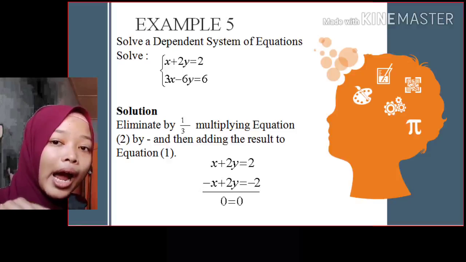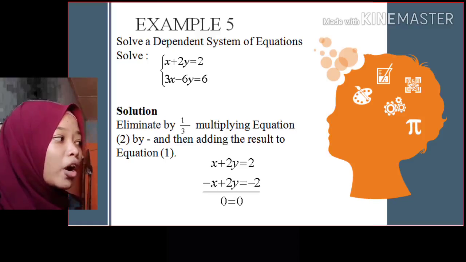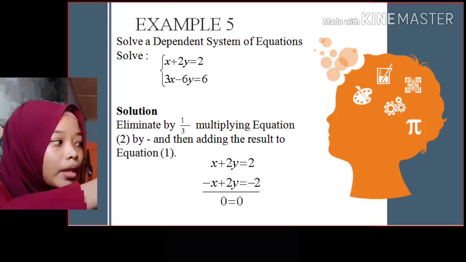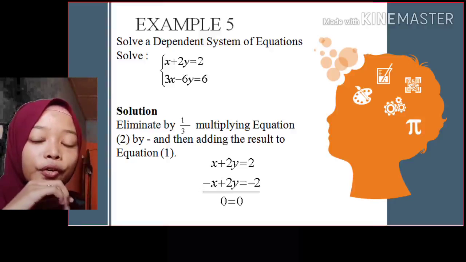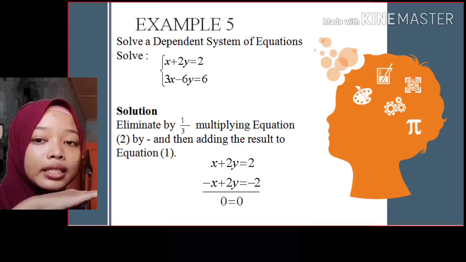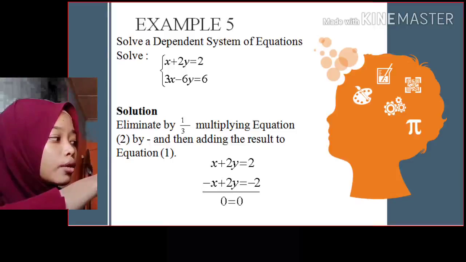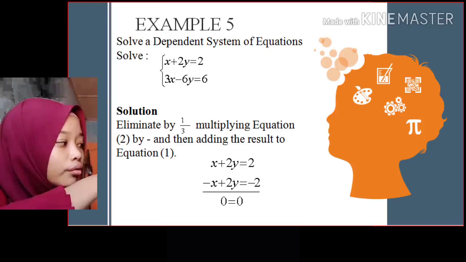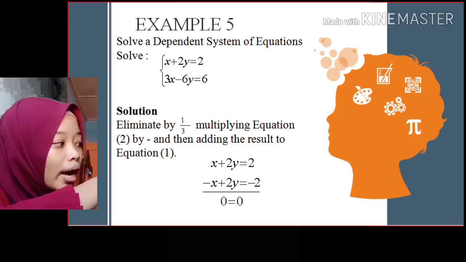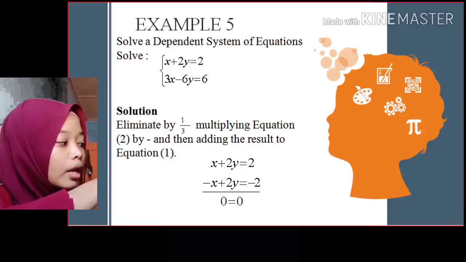Last time, I explained to you about the dependent system. A dependent system represents the same line. For example, solve x plus 2y equals 2, and then 3x minus 6y equals 6.